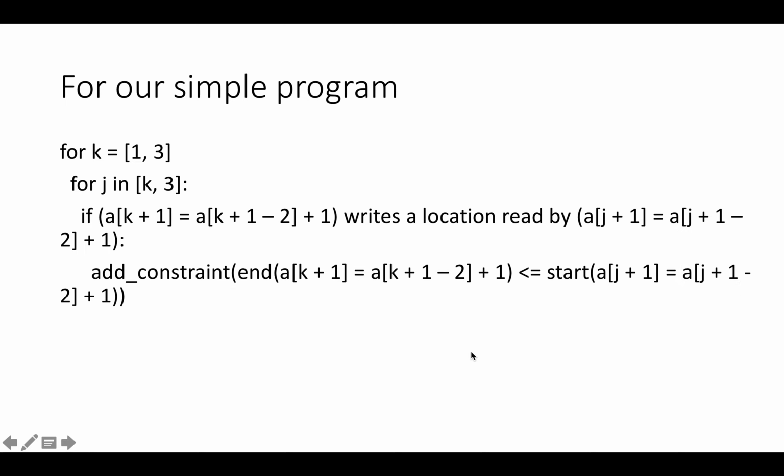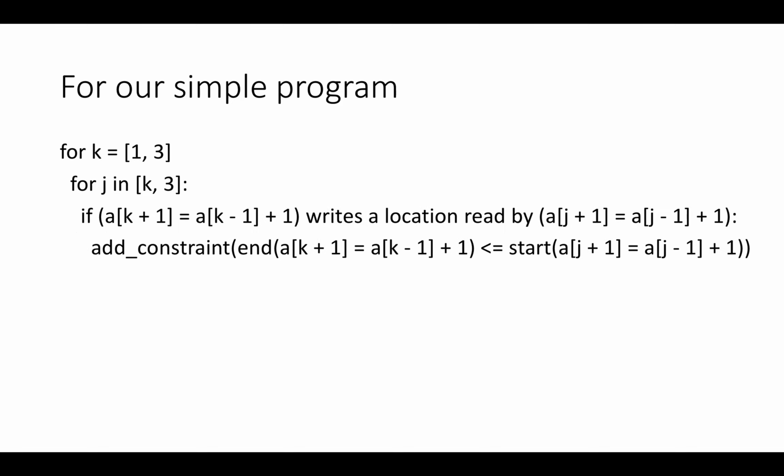And we can simplify that into this formula of a[k plus 1] equals a[k plus 1 minus 2] plus 1 writes to a location read by, and then this expression. And we've really just substituted in our formula that describes the value of the kth and jth iterations of the index variable from the last few slides.